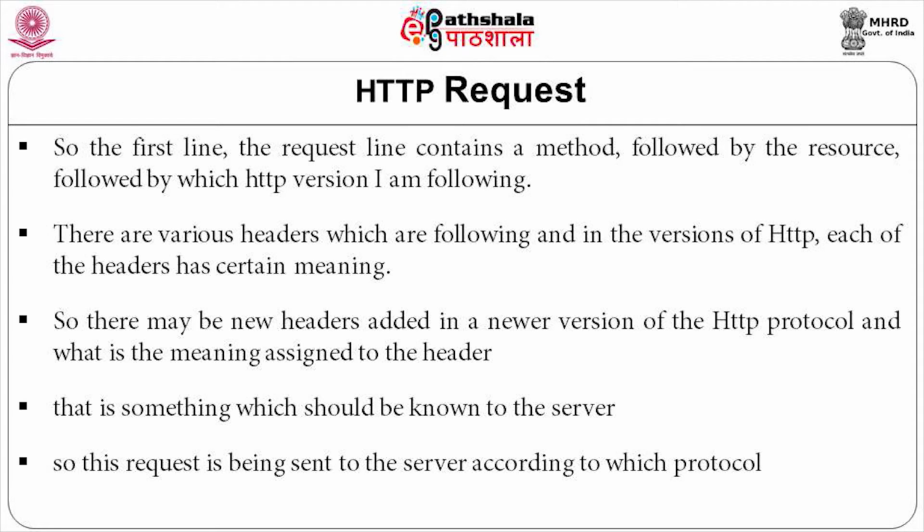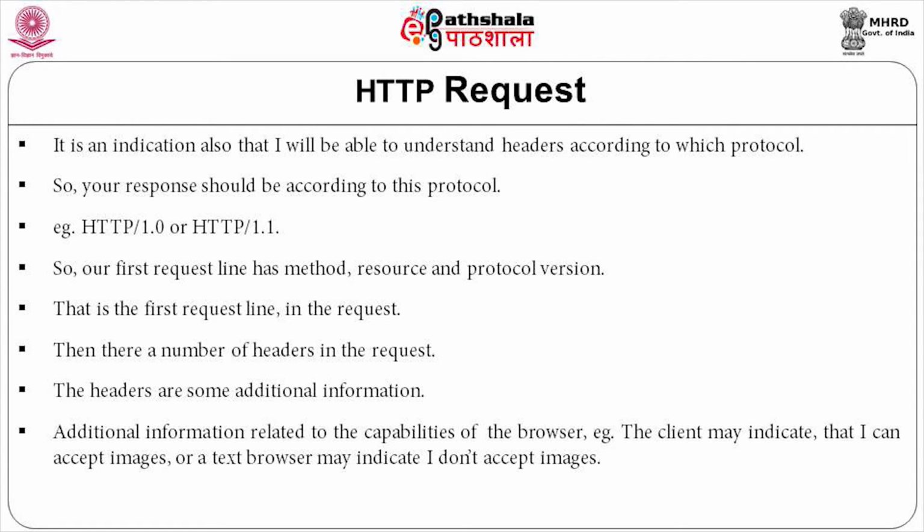There may be new headers added in a new version of the HTTP protocol, and the meaning assigned to them should be known to the server. So it mentions that this request is being sent according to so-and-so protocol. It's also an indication that I will be able to understand this protocol, so your response must be in this protocol.